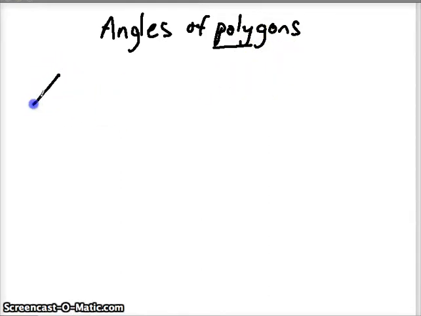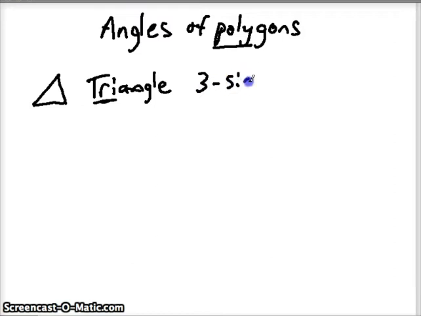The first type of polygon we have is a triangle. Tri meaning three angles. It also has three sides, so it's a three-sided shape. It's the first type of polygon.